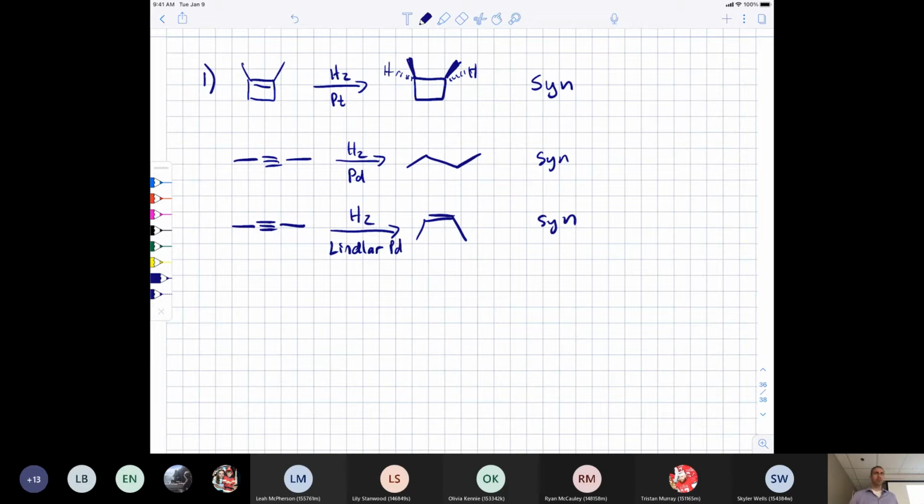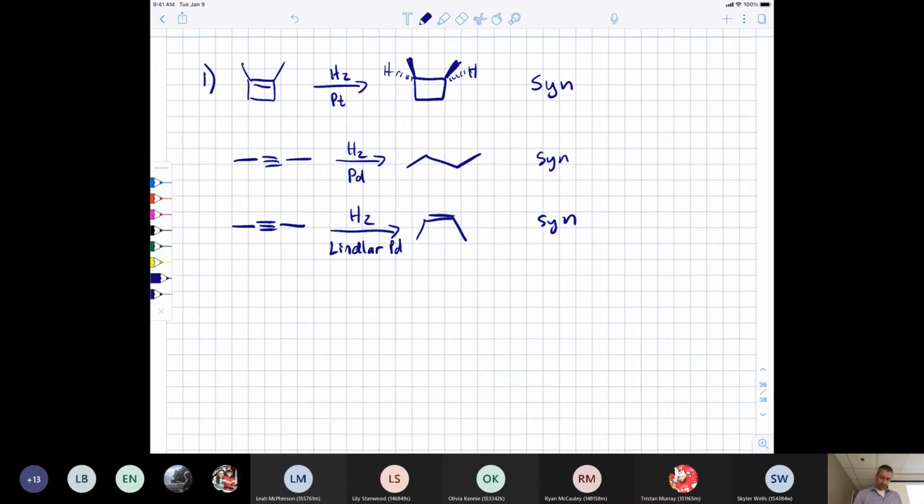That's a palladium variation. I think it's palladium that's treated with quinoline, which is an organic nitrogen-containing aromatic compound, and lead acetate. But for you guys, you can just think of it as Lindlar palladium, and that'll stop at the alkene stage, and it'll give a cis alkene.